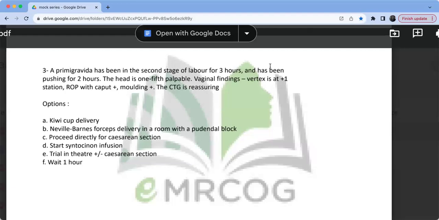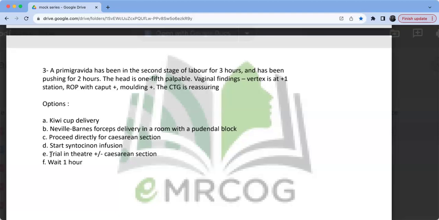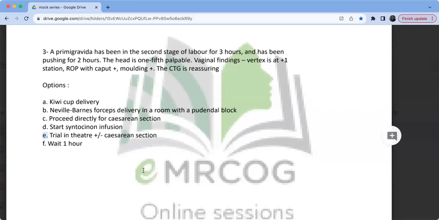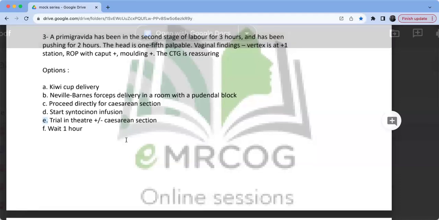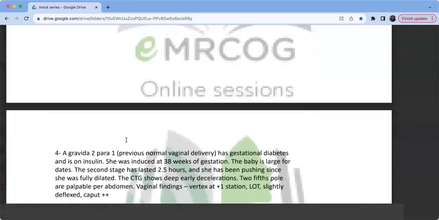So I will go for Kielland, not Naegele's forceps. So shall I choose B or E? Of course, this is E in this case. A trial in theater, plus or minus cesarean section, because Naegele's forceps is not a good answer for a right occipito-posterior. I need rotation, I need the Kielland.